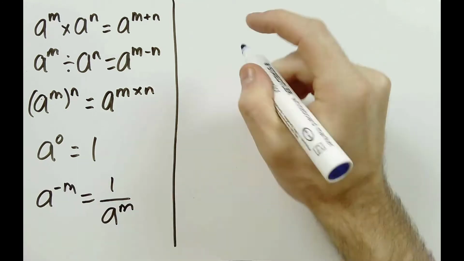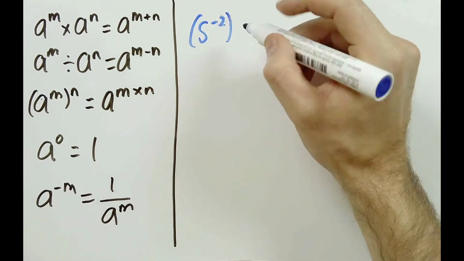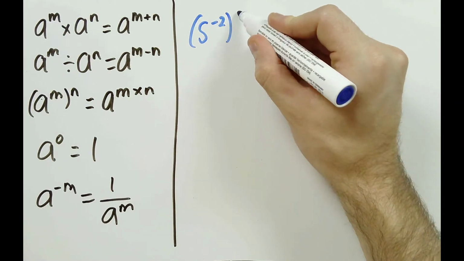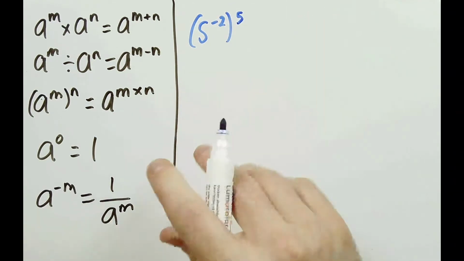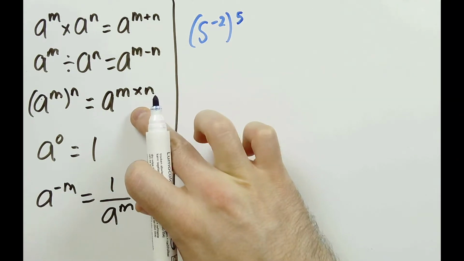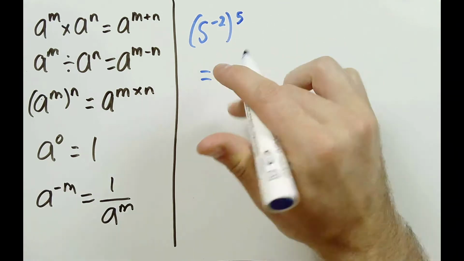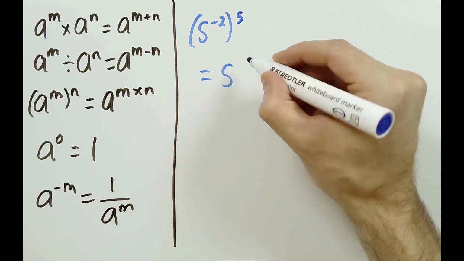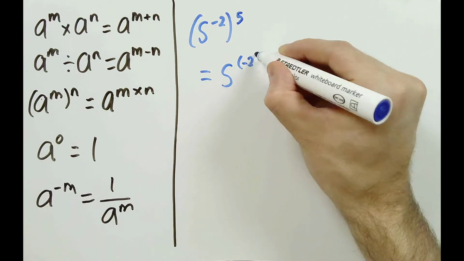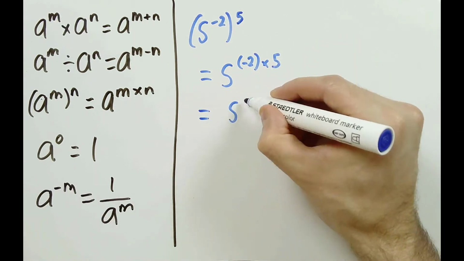So another example, let's say we simplify the following: s to the negative 2 all raised to the power of 5. So here we're using our third index law because it's in the same form, and substituting in the components, we end up with s to the negative 2 times 5, which of course is s to the negative 10.